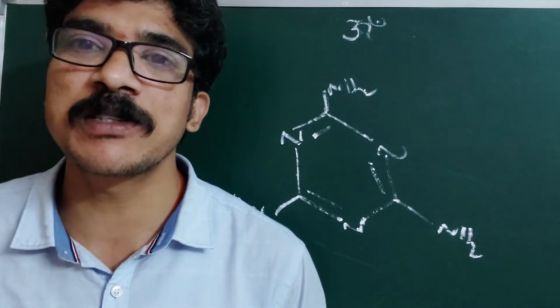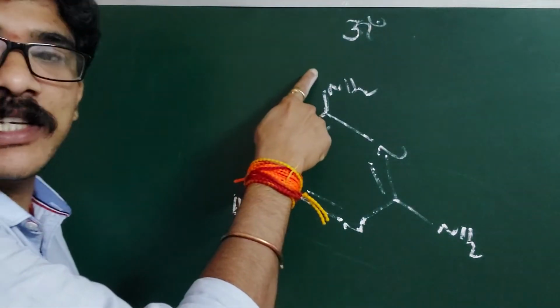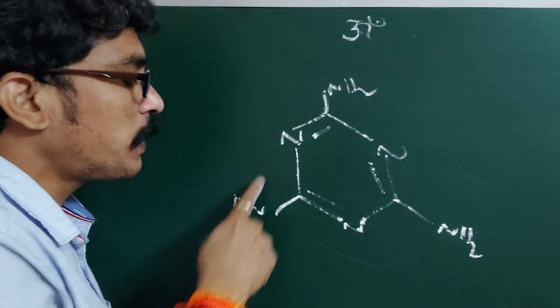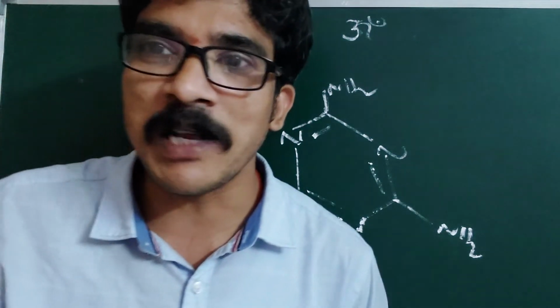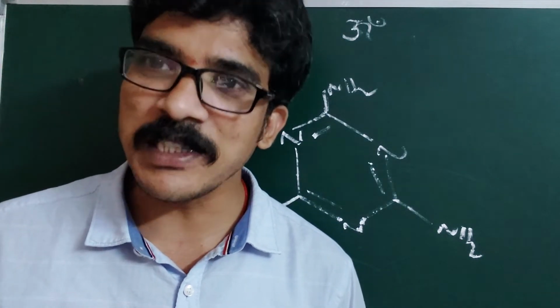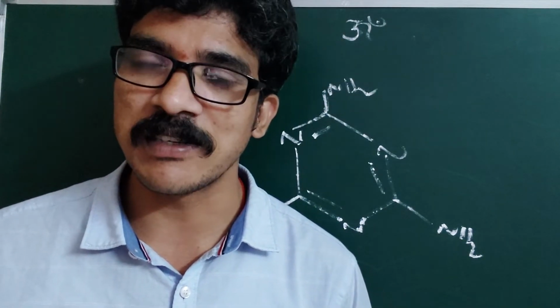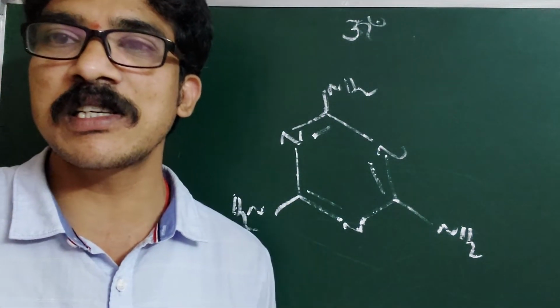Every nitrogen has one lone pair, so you identify how many nitrogens are present in melamine. There are 6 nitrogens, so 6 lone pairs.